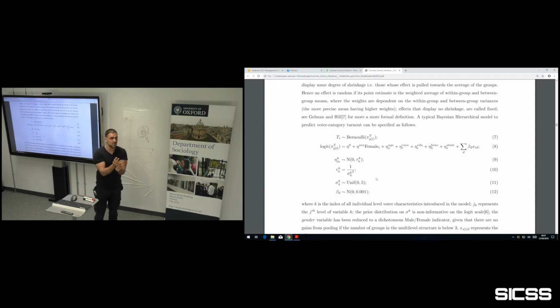And that average is going to be a variance-weighted average, a compromise between the between variance of the 4 categories and the within variance of the single category that you have.